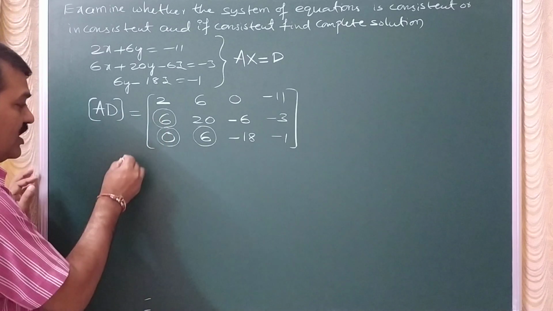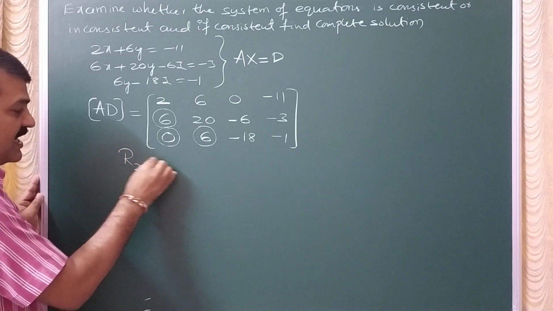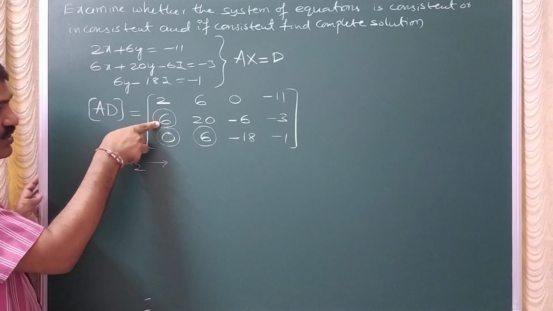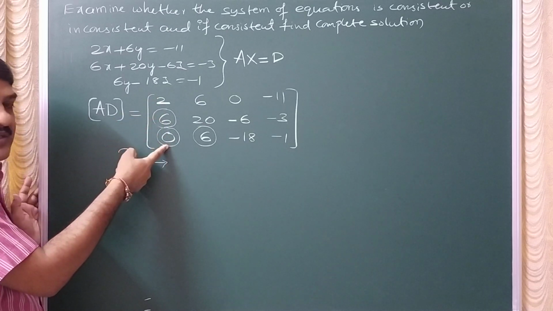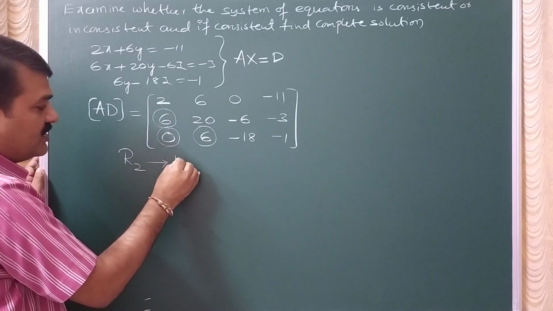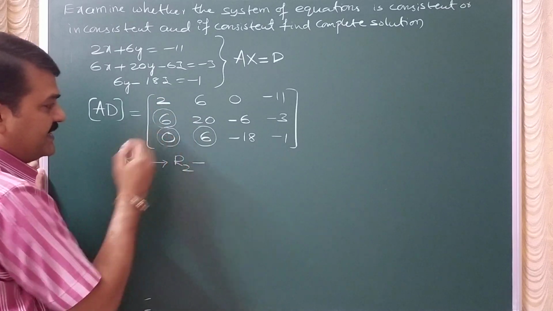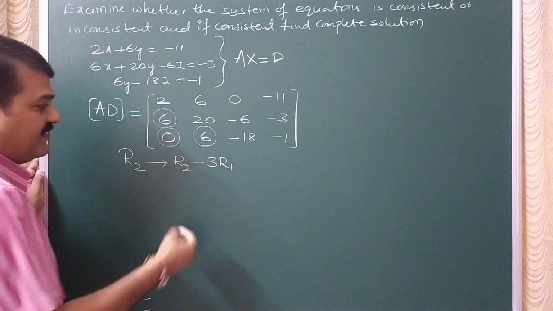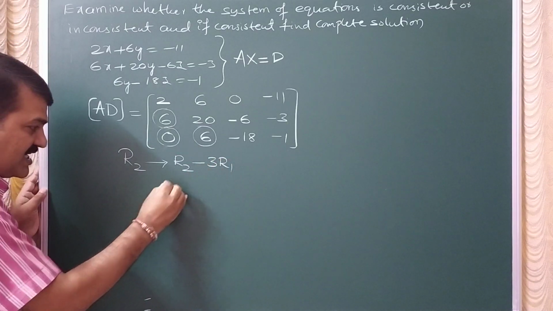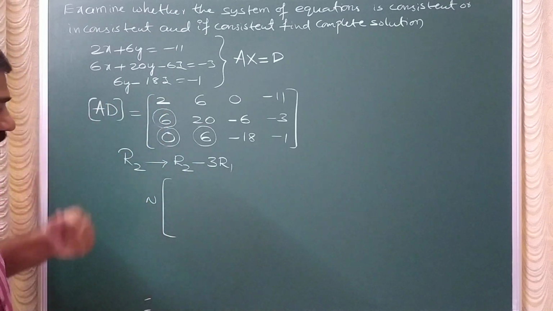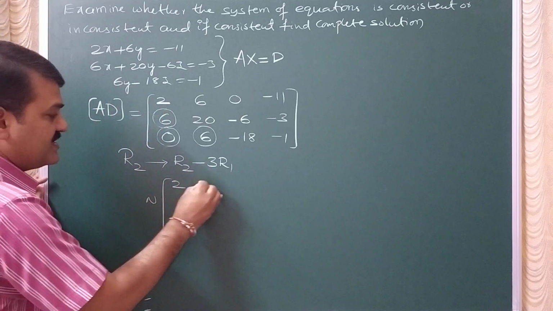Therefore what we should do is take R2, the second row. I have to get 0 here, and I have to use R1 only because R3 has 0, I can't use that. So R2 minus 3 R1 we can do. This is equivalent and not equal, because the matrix is going to change anyhow. The first row is the same.